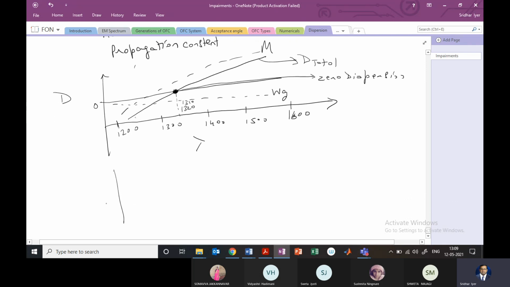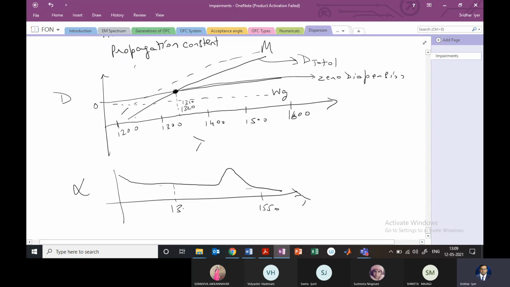However, if I draw the diagram for attenuation, we know that the diagram looks like this. You have a peak somewhere here and then it reduces. Here you can see that the lowest attenuation we'll get is around 1550 nanometer.